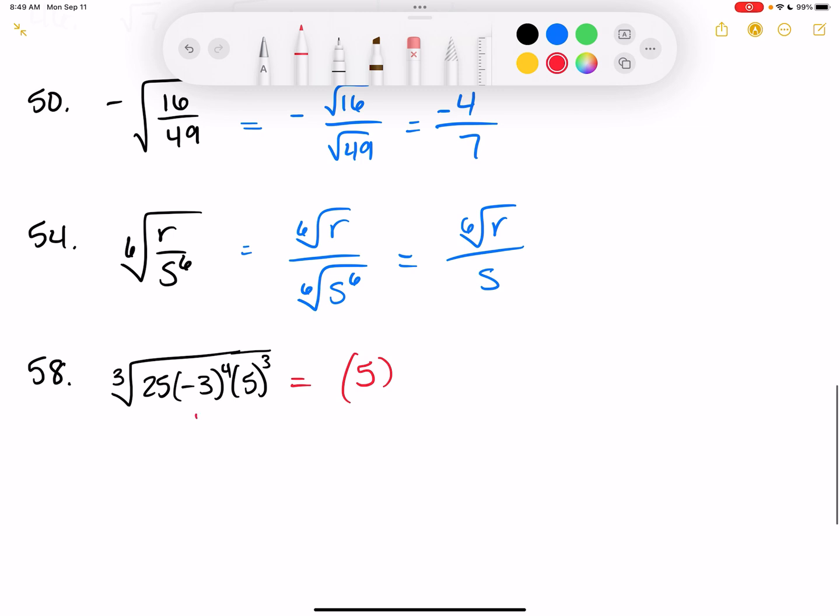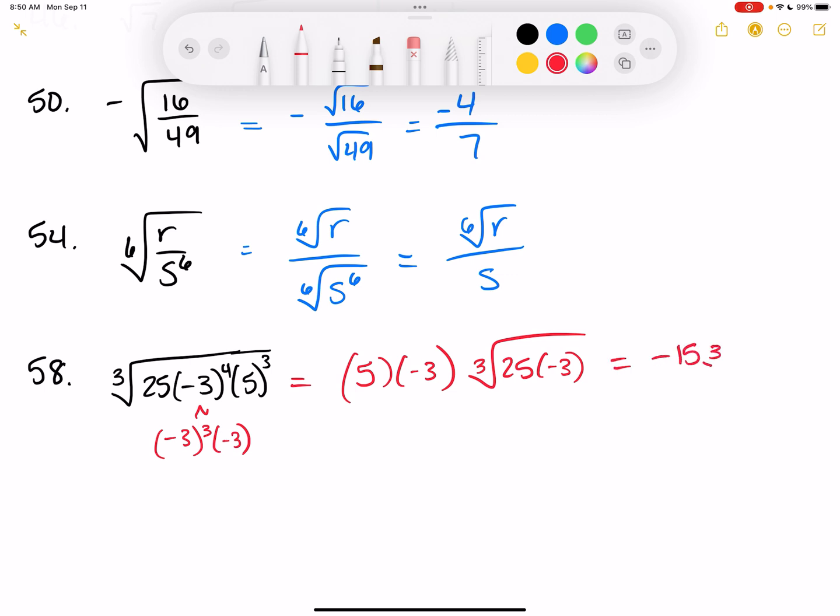So this is kind of getting rewritten as negative 3 cubed times negative 3. Basically what's happening. So I'm taking out this one, so negative 3. Then under the radical, I'm left with 25 times negative 3. And to write this so it looks nicer, negative 15 cube root of negative 75.